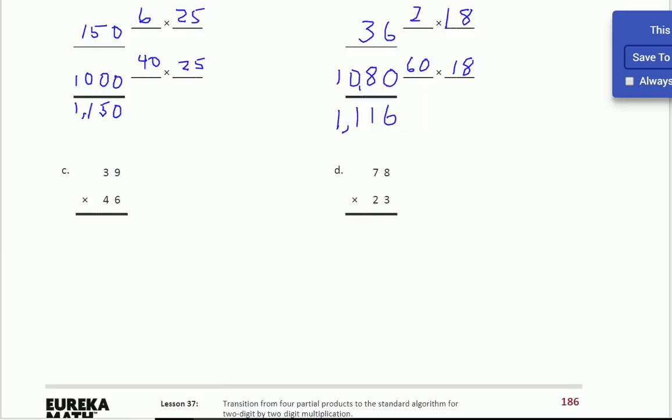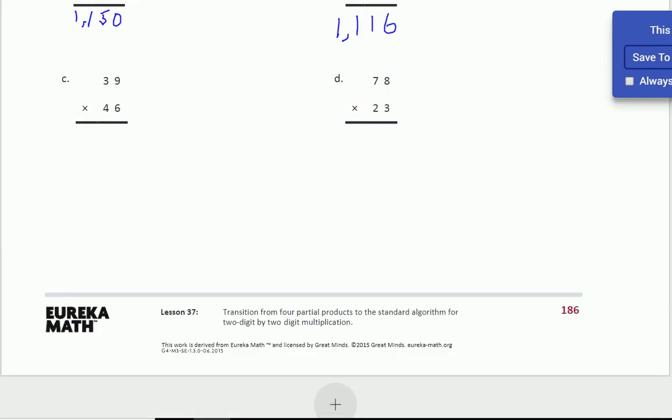And we're almost done, speeding right along. There's only 2 to go. The last ones, they want you to do it all on your own pretty much. So I'll just show you the standard algorithm. 9 times 6 is 54. 6 times 3 is 18. That's 23. And then when we do the 4, we have to remember that's 4 tens, or 40.